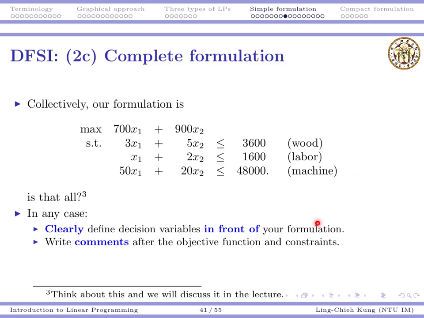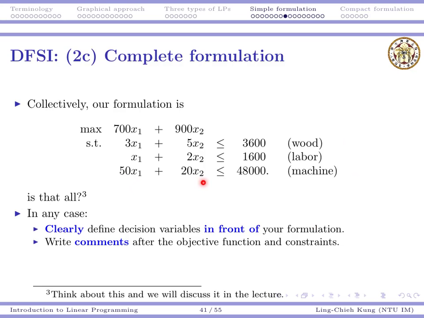That's something that you should not do. You should first tell people what you mean by your notations, because you create those notations. Before you make this explanation, no one can know what you mean by x1 and x2. So when you define anything, that should be put in front of anything.